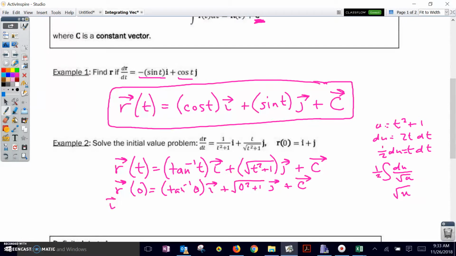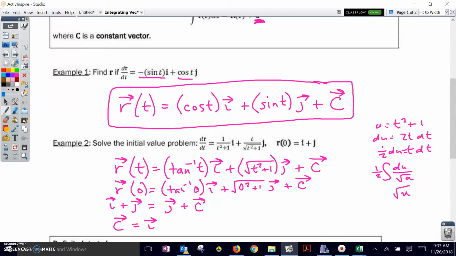And so we get i plus j is equal to, and the arctangent of 0 is just 0, this gives me j plus the constant vector, and so the constant vector is equal to i.